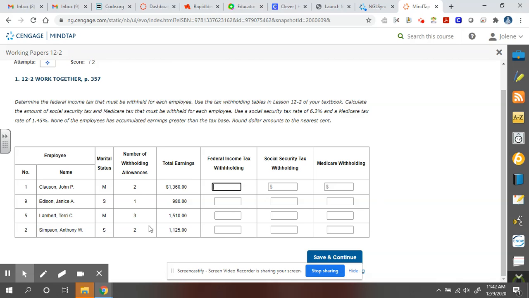The more that you put here, the more money you get to take home in your take-home pay. However, you may need to pay taxes to the government at the end of the year. If you put a 0 here, the government will take out the most amount of money from your paycheck as a federal income tax withholding.